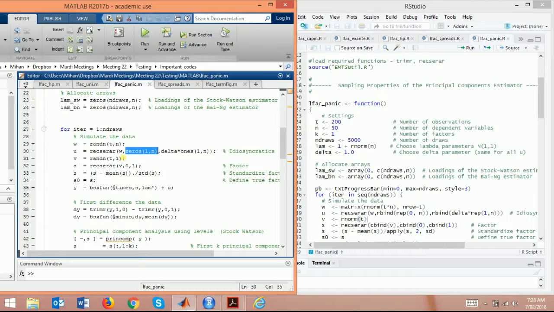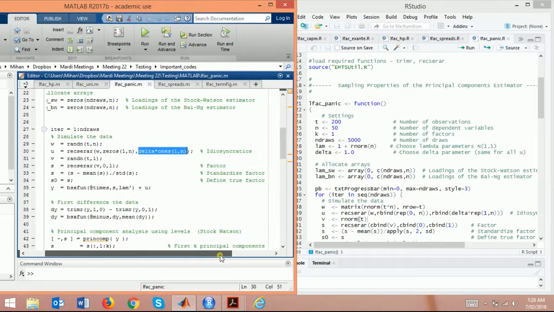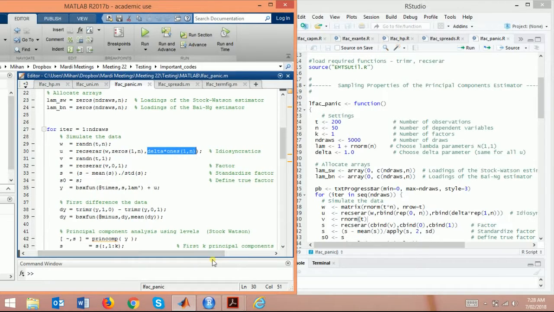So this is n by k, this is p by k, and this will also be p by k. They will have the same dimension. This is a different dimension. Delta diffuse prior multiple ones, 1 row n columns. So up until that point delta is created, which represents our autoregressive parameter.